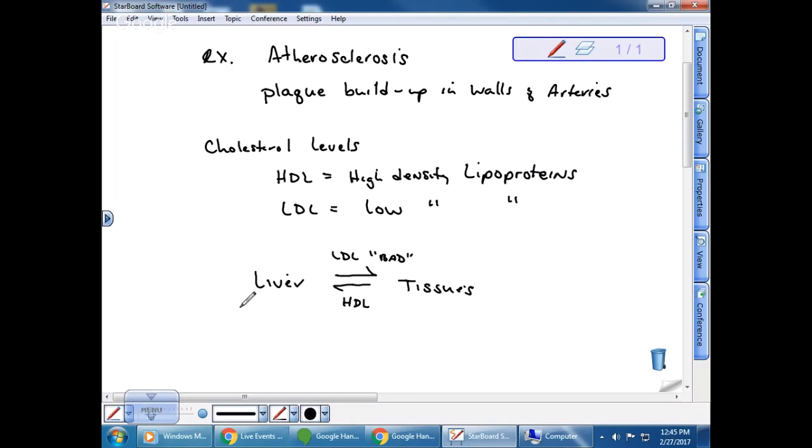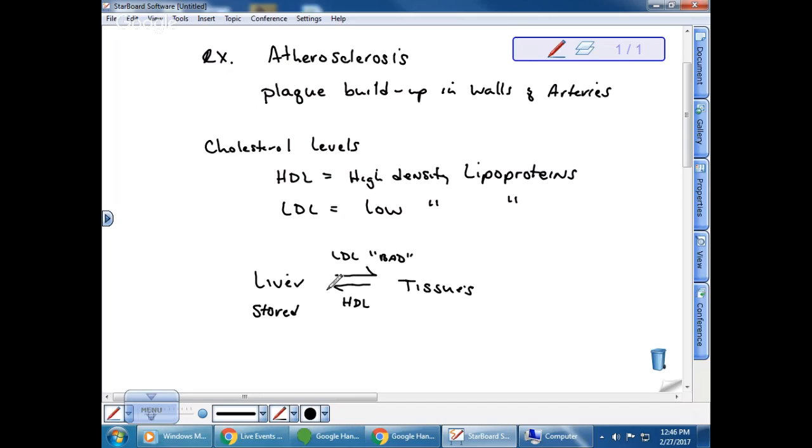So it's taken out of circulation and stored. And so my family has, the doctor thinks it's just genetic. So genetically, we have too much LDL, which puts us at a risk for atherosclerosis, right?